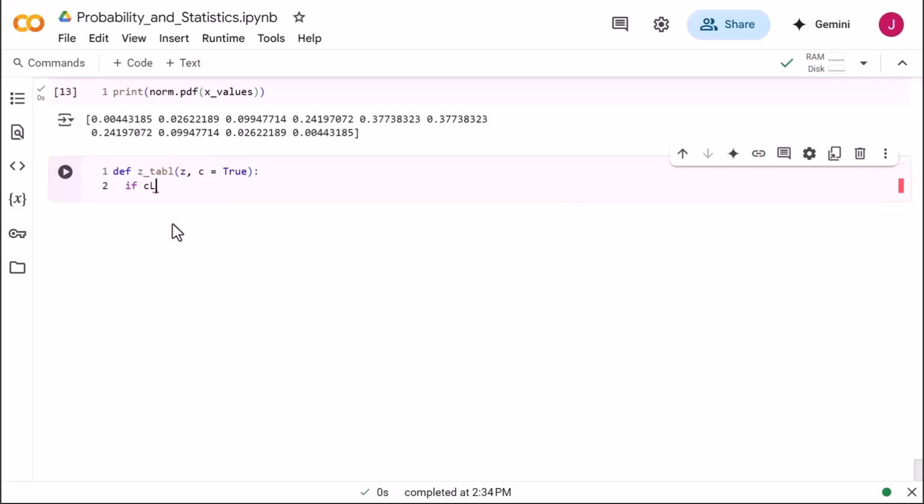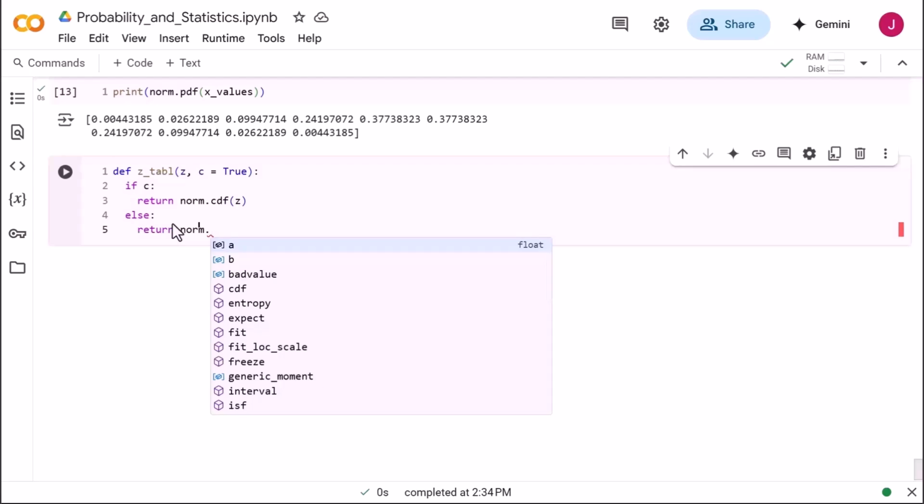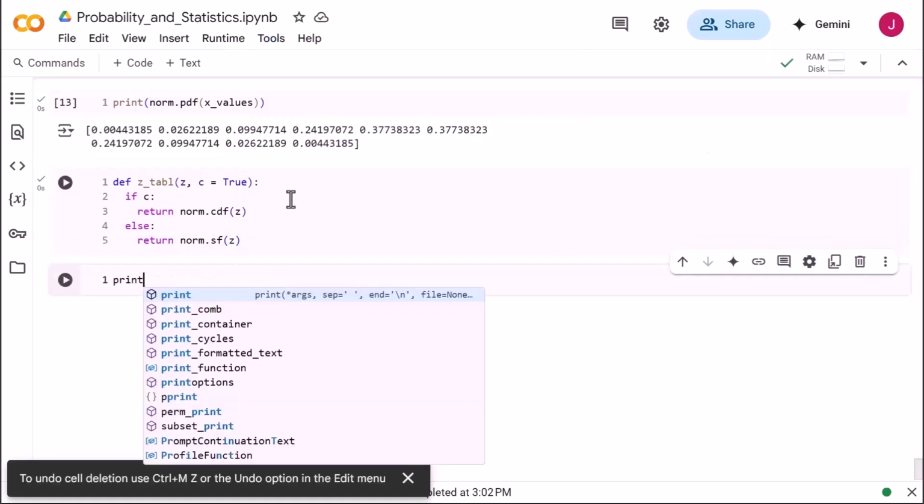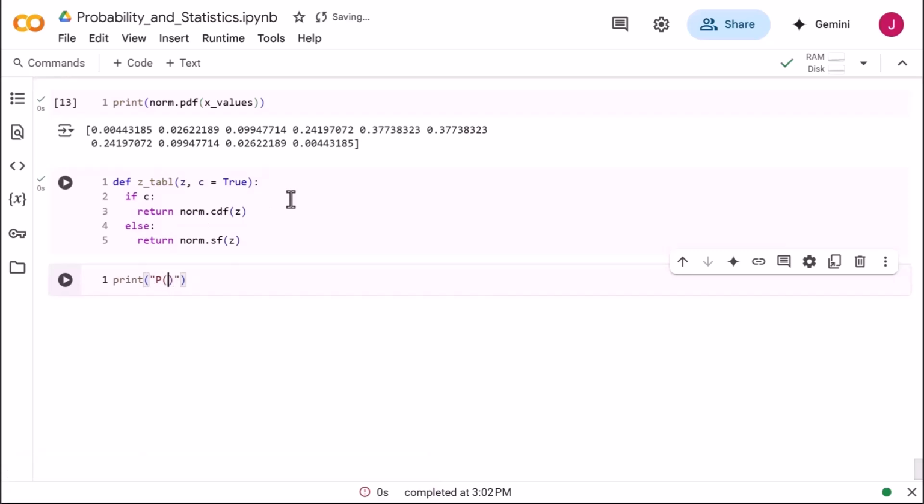Then here, if c is true, return norm.cdf of z, right? Otherwise, return 1 minus CDF, the survival function, sf of z. That's all. Print P of z less than or equal to 1.25.